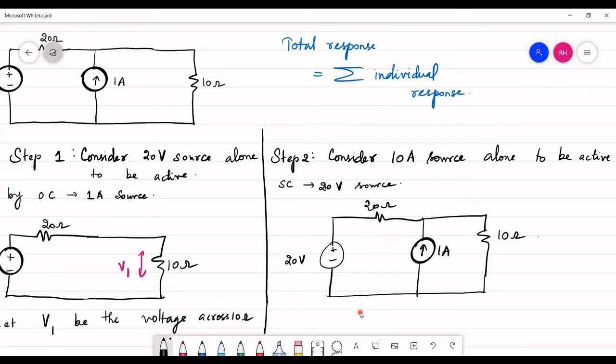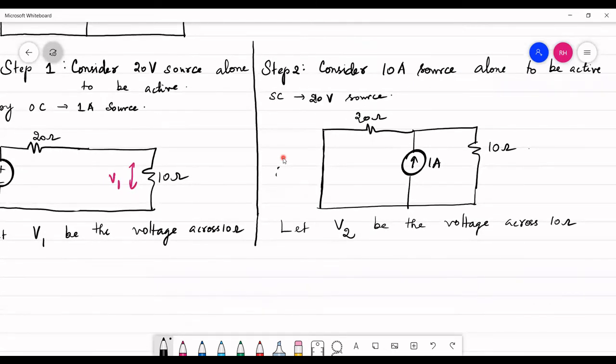So here you have the 20 volt source, which is going to be replaced by a short circuit. Okay, so I replace the 20 volt source with the short circuit now. And now calculate the value of voltage. Let that voltage be V2. Let V2 be the voltage across 10 ohm.